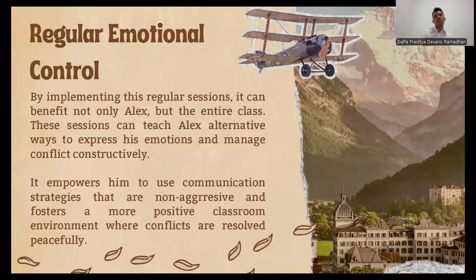So regular emotional control basically involves not only the rebellious student, but also the teachers and the other stakeholders that might have to be involved in these cases.